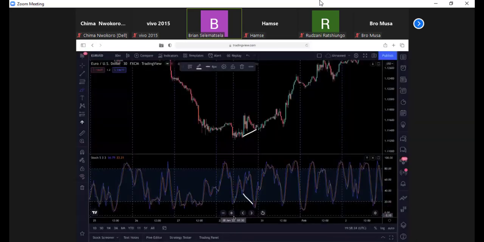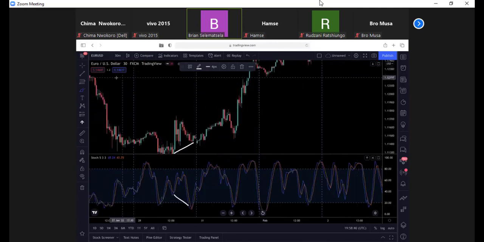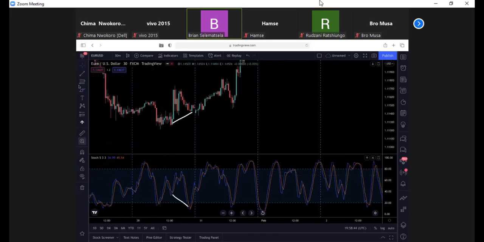You'll be able to see that between those 2 points, you can see the total opposite of what is actually happening. And that's what we're looking for.